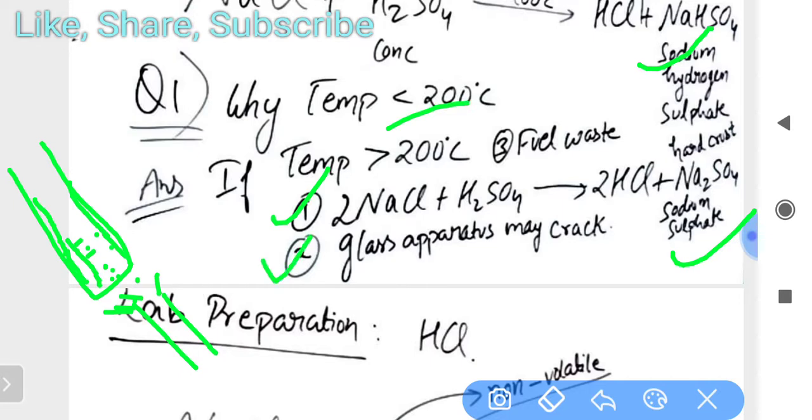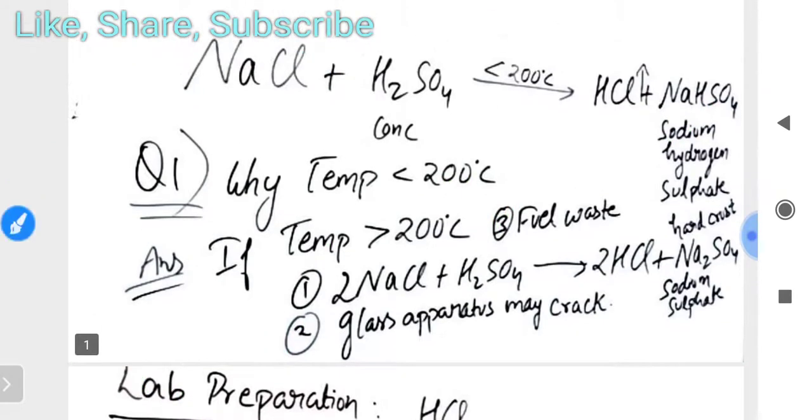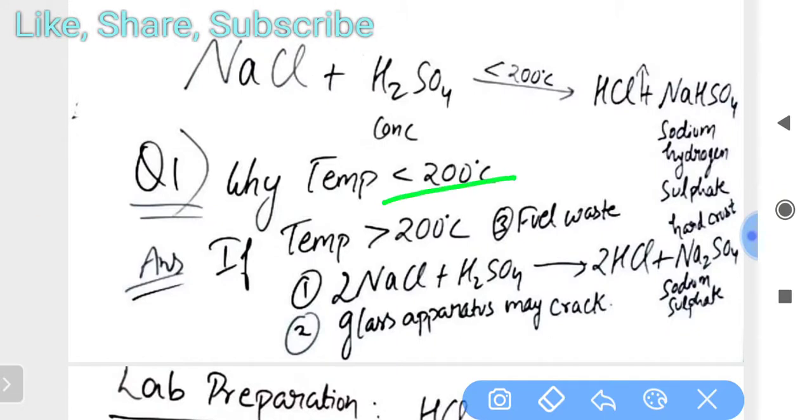The second reason is that the glass apparatus may crack. The reaction vessel may crack because of the high temperature. And another point is fuel waste. When the reaction already works at 200 degrees centigrade, why should we raise the temperature?